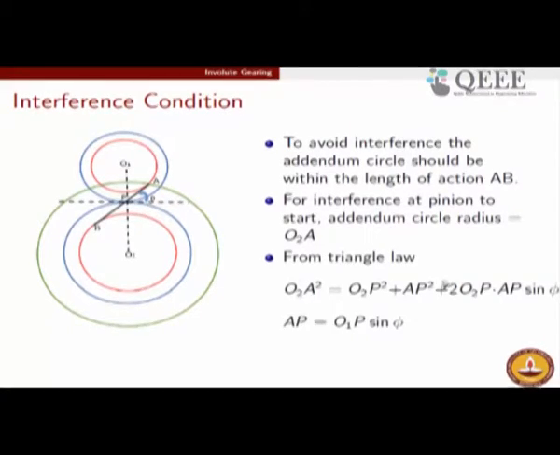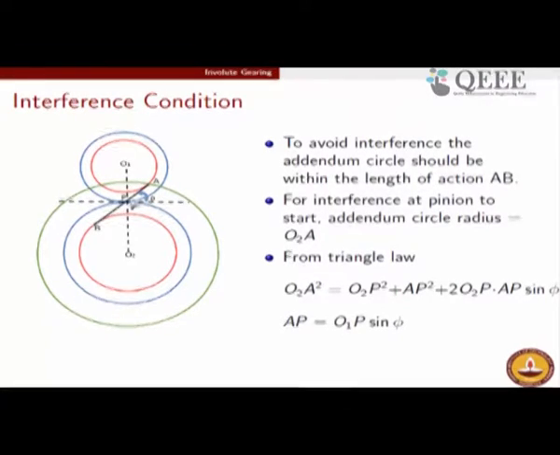If you work out the geometry now, you can consider this triangle O2AP, and using the cosine triangle rule, you can find that O2A square will be O2P square plus AP square minus the product of these distances into the cosine of the angle between AP and O2P.